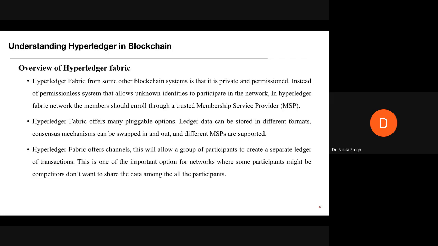So this is one of the very important options provided by the Hyperledger Fabric network when you do not want some of your information to be shared with all the participants. So it is useful in this scenario. Suppose you have an enterprise, and this enterprise has been deployed on a Hyperledger Fabric network. But there are certain functionalities within your enterprise that are not known to every employee.